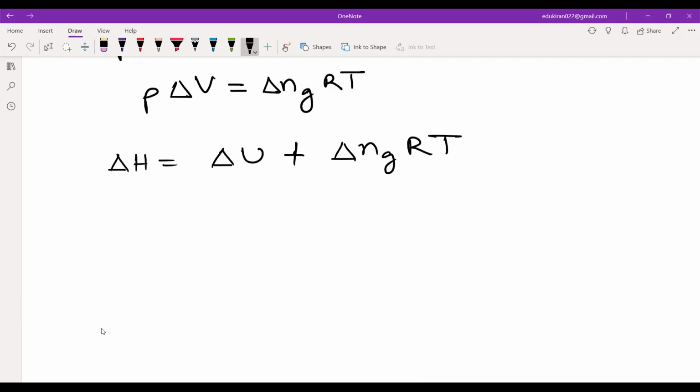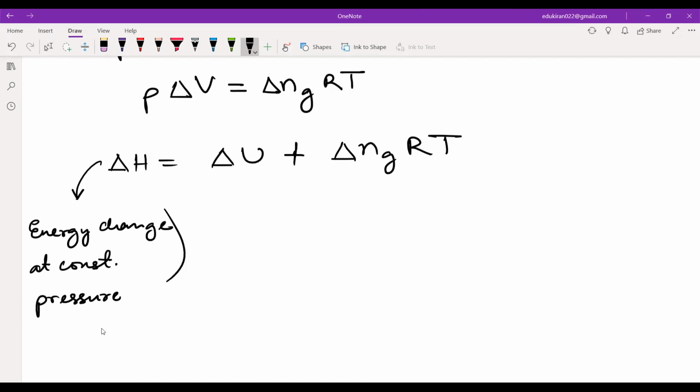Now let us write all of these things. What do they mean? Delta H is the energy change at constant pressure, right? Delta U is the energy change at constant volume.